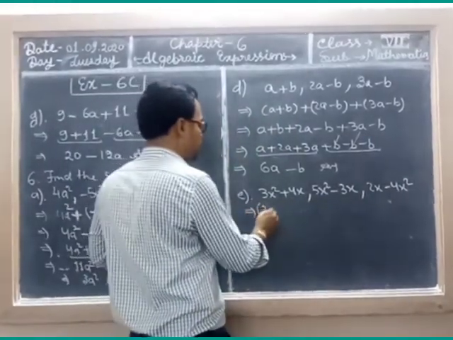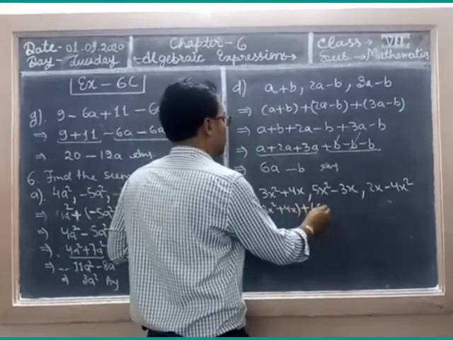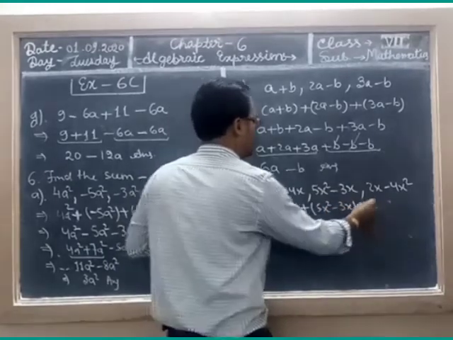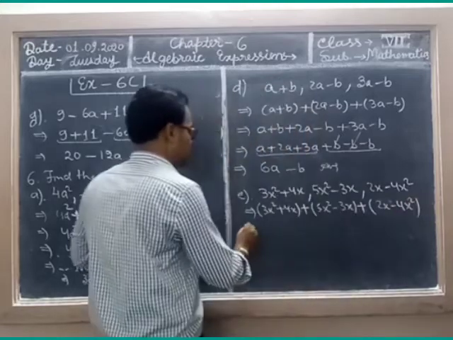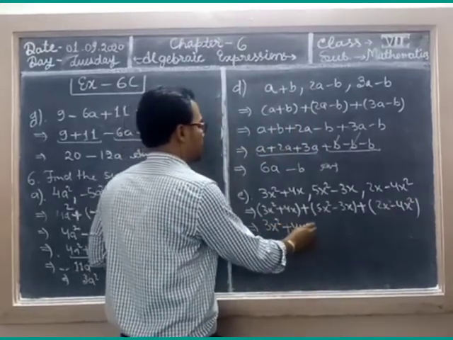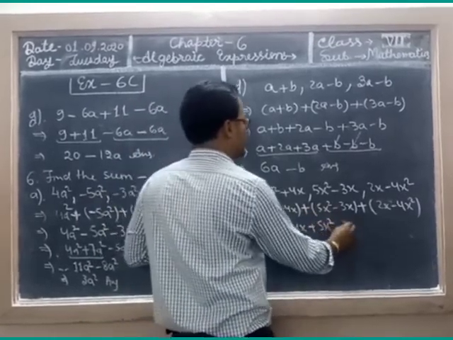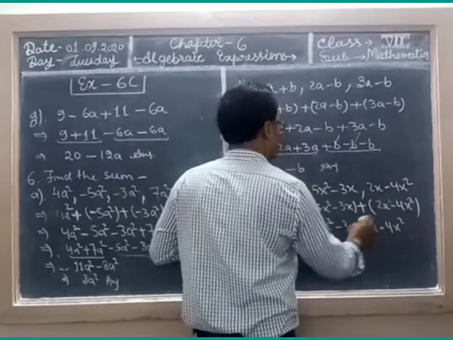So 3x square plus 4x plus sign, 5x square minus 3x plus sign, 2x minus 4x square plus 7. Now open the bracket, 3x square plus 4x plus 5x square plus minus plus 2x and minus 4x square.